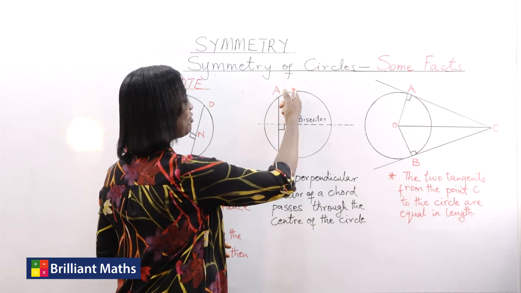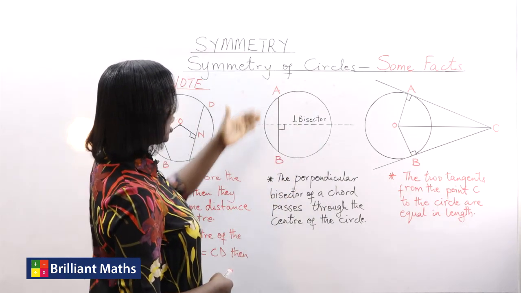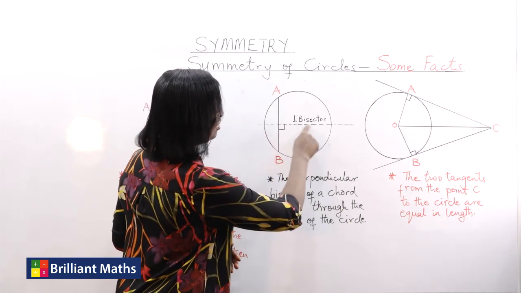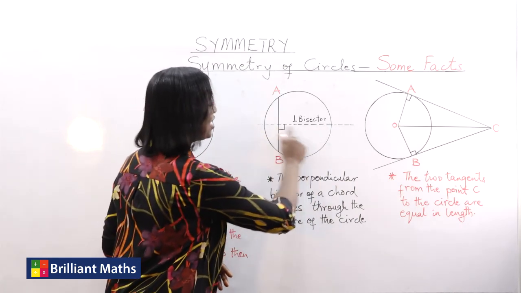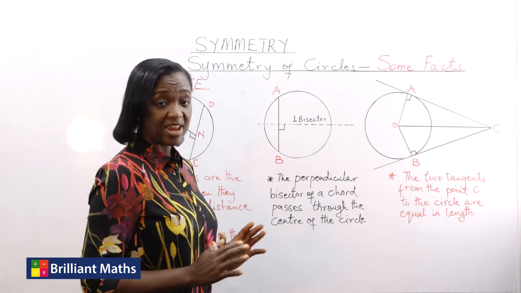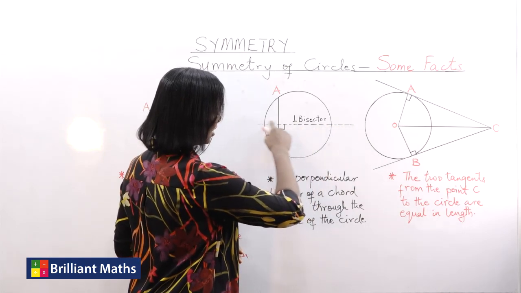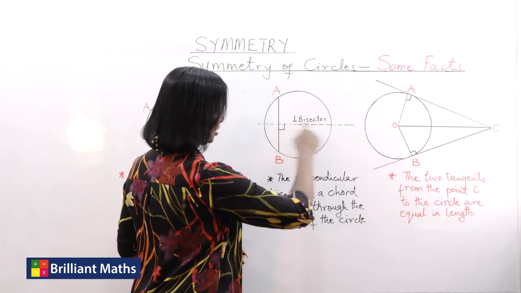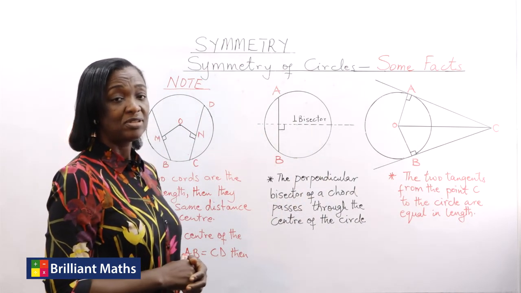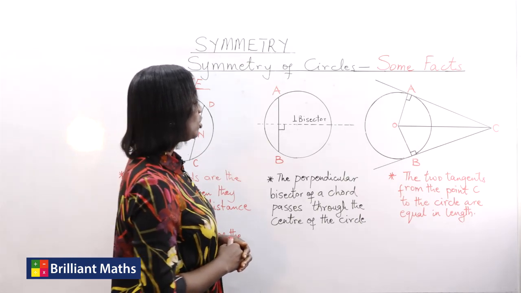So this is called AB. And then the fact says that if this broken line divides AB into two equal parts, then it passes through the center. That means this perpendicular bisector is passing through the center of the circle. That is one fact that we need to know.